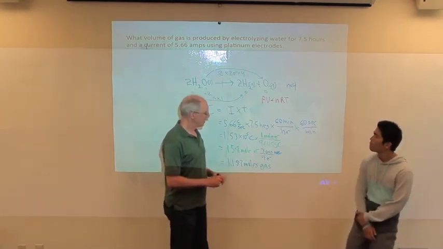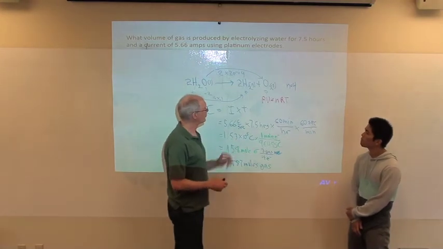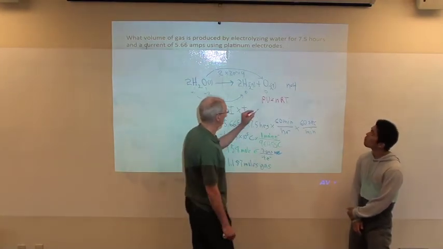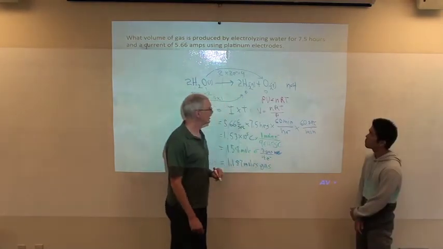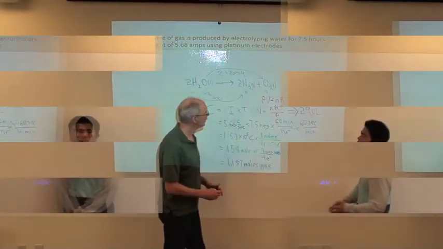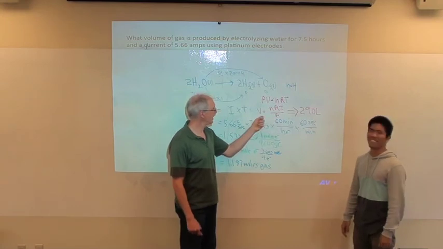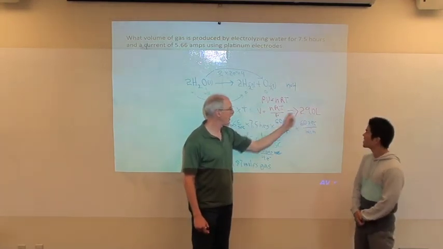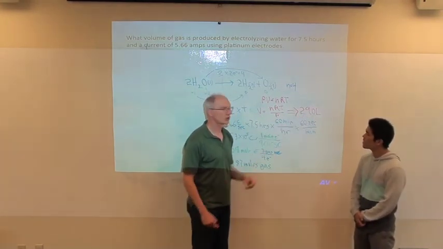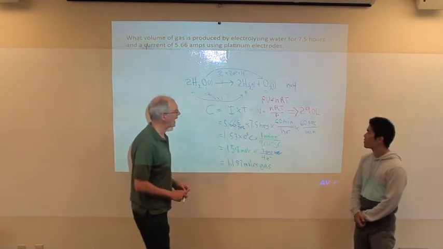So I can rearrange this: volume equals nRT over P. I'm going to assume that you're all handy with the ideal gas law and can figure out that this gets converted to about 29 liters of gas.